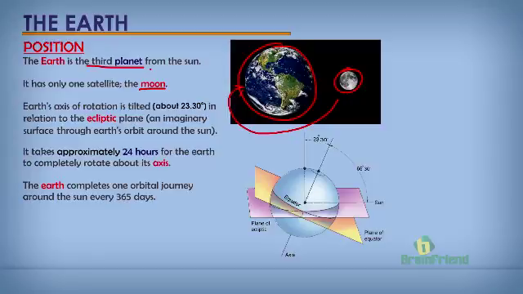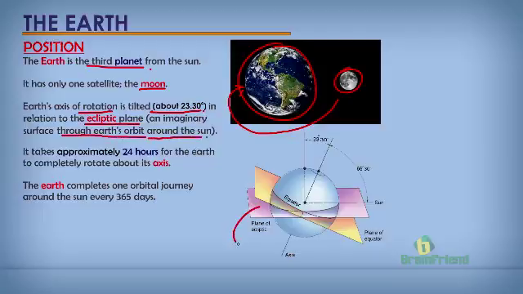The Earth's axis of rotation is tilted at about 23.30 degrees in relation to the ecliptic plane. The ecliptic plane is an imaginary surface through the Earth's orbit around the Sun.